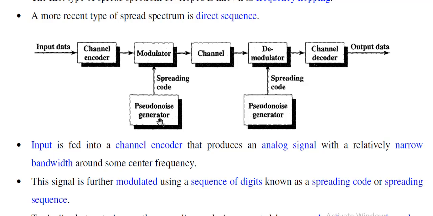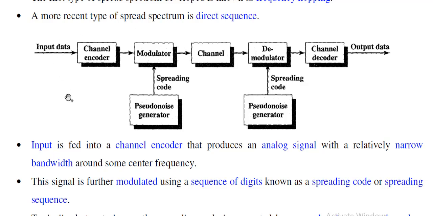This is a pseudo noise or pseudo random generator that will generate a code, and we're going to use this code to choose a different channel or a different frequency. And with this frequency, we're going to change the original frequency to a newer frequency that we're going to hop between frequencies and send from time to time the original signal with different modulations in the air.